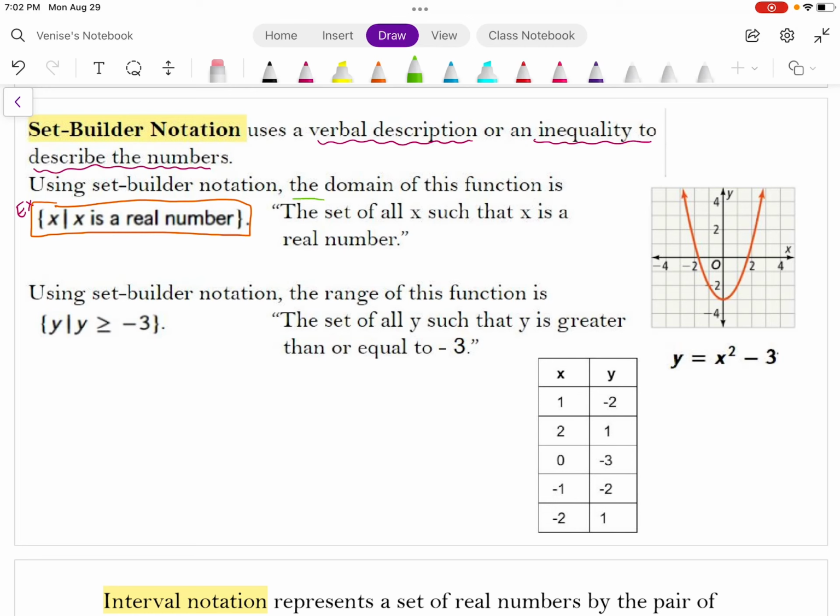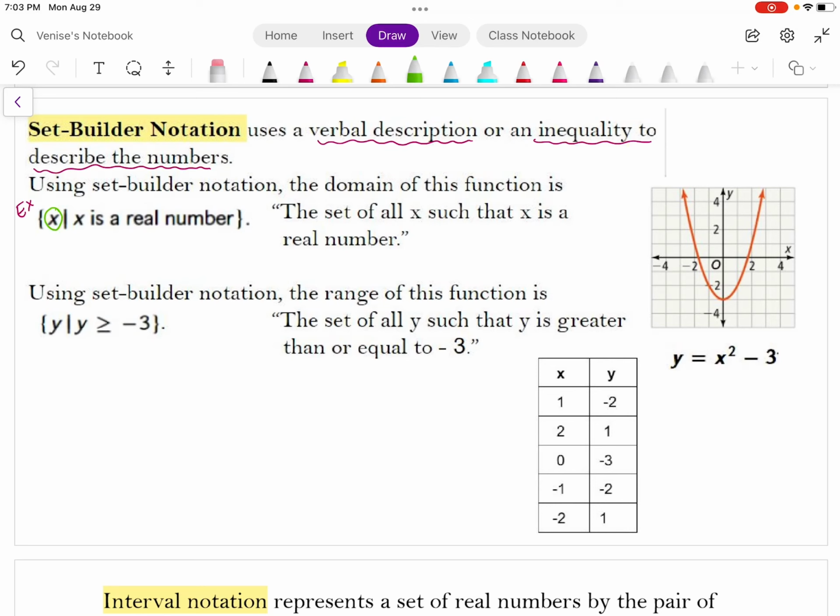So this is the word version of this statement right here. Basically, let's dissect this statement to match this sentence.